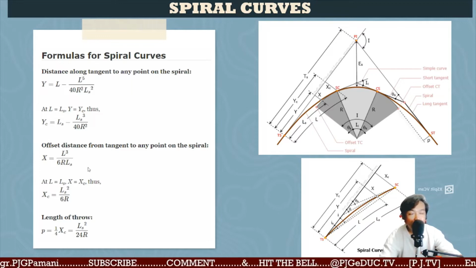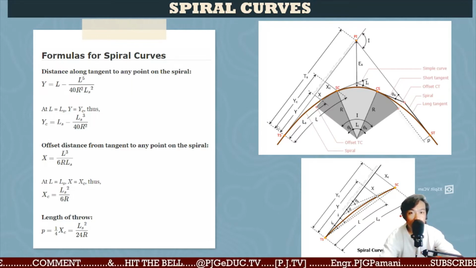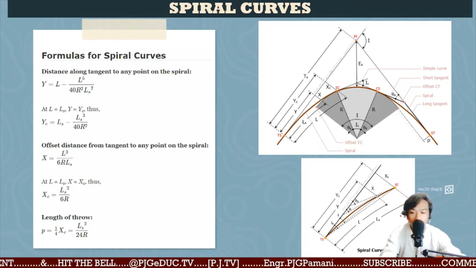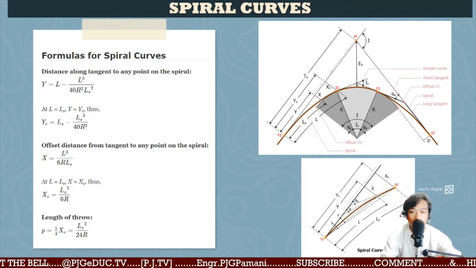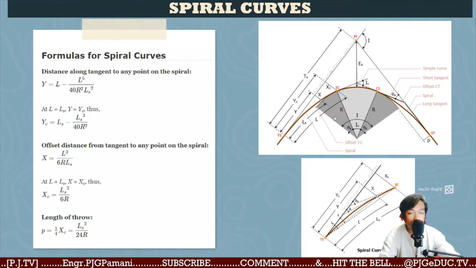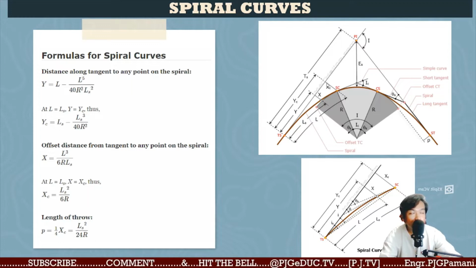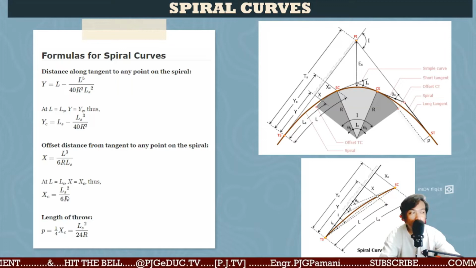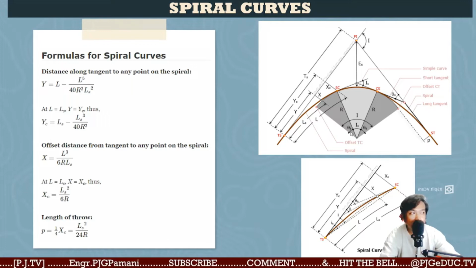Thus, if now we are considering the total offset distance referring to the total spiral curve, offset distance is from SC to the tangent line, which is simply equal now to the total spiral curve length LS squared over 6 times the radius of the simple curve. Length of the throw.